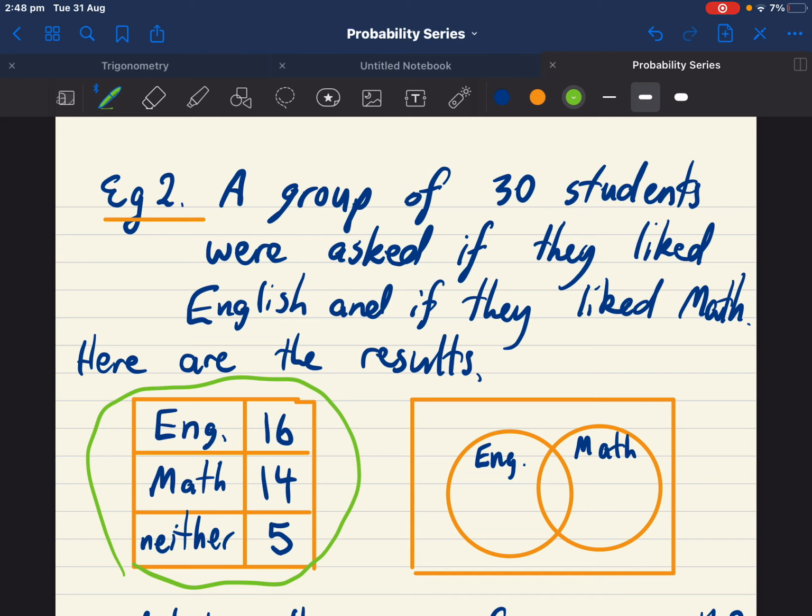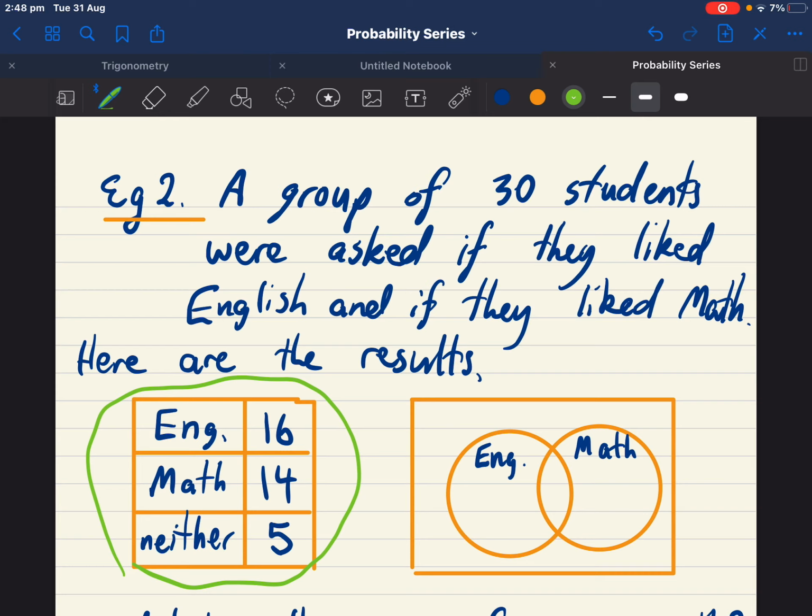Now, what we're going to do to start off, and what is easily the hardest part of this question and maybe the lesson, is filling out a Venn diagram ourselves, right? The first example is pretty easy. We're already given the Venn diagram, even though it had 3 different sets. This one has only 2 sets, but filling it out is certainly, I believe anyway, harder than just reading it.